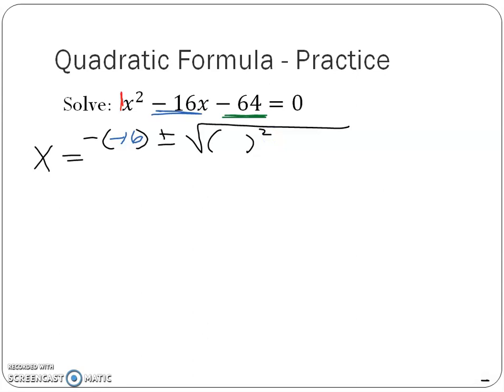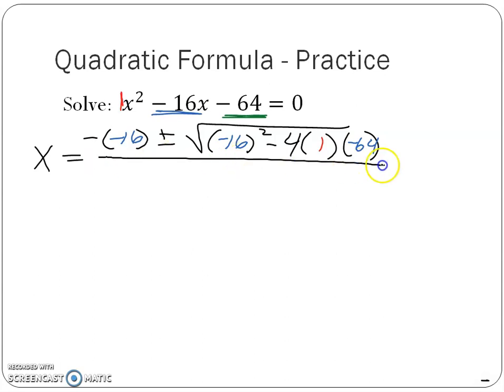So negative 16 squared minus 4ac. So my a is a 1, and my c is a negative 64. Okay, and then all divided by 2a. So 2 times 1.